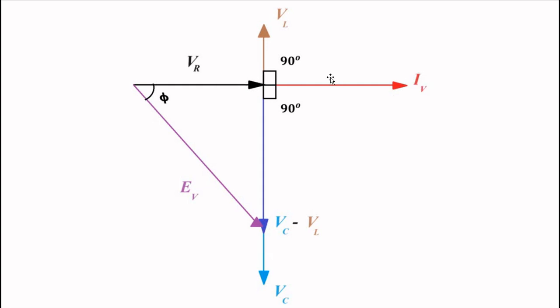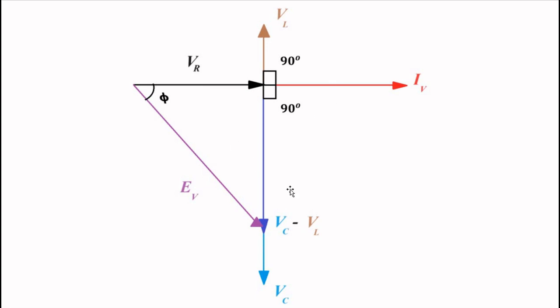Again, we have taken current as the reference, and the voltage drop across the resistor is in phase. VL leads the current by 90 degrees, in the anticlockwise direction, and VC lags the current by 90 degrees, in the clockwise direction. So we get the net EMF, the resultant applied voltage, by joining these two points, the difference between the two voltage drops.